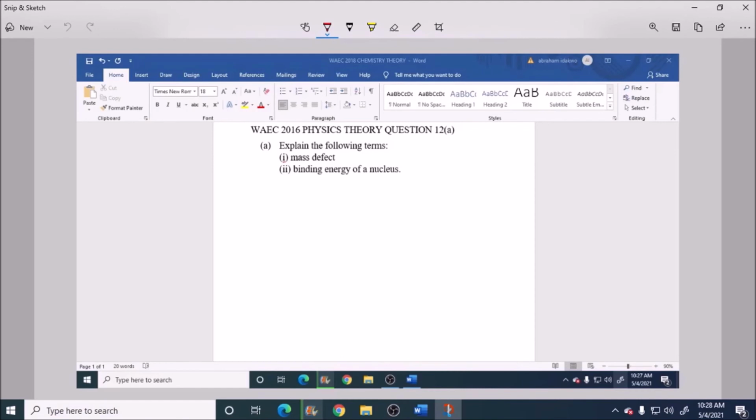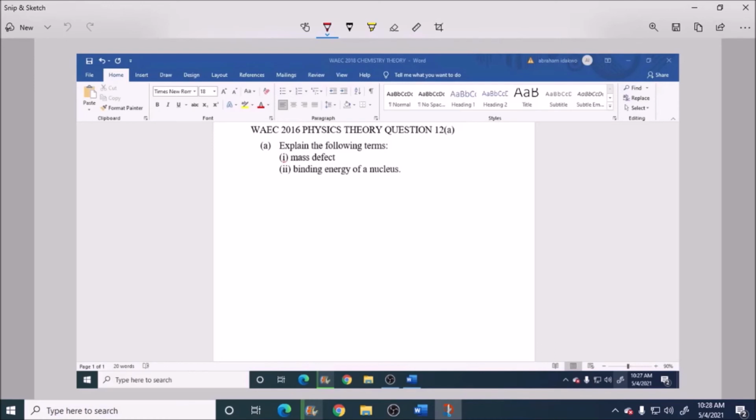Hello and welcome. Today I will be answering WAEC 2016 Physics Theory question 12A, and the question says explain the following terms. 1. Mass defect. 2. Binding energy of a nucleus. Now, mass defect is the difference between the mass of a nucleus and the total mass of its nucleons.